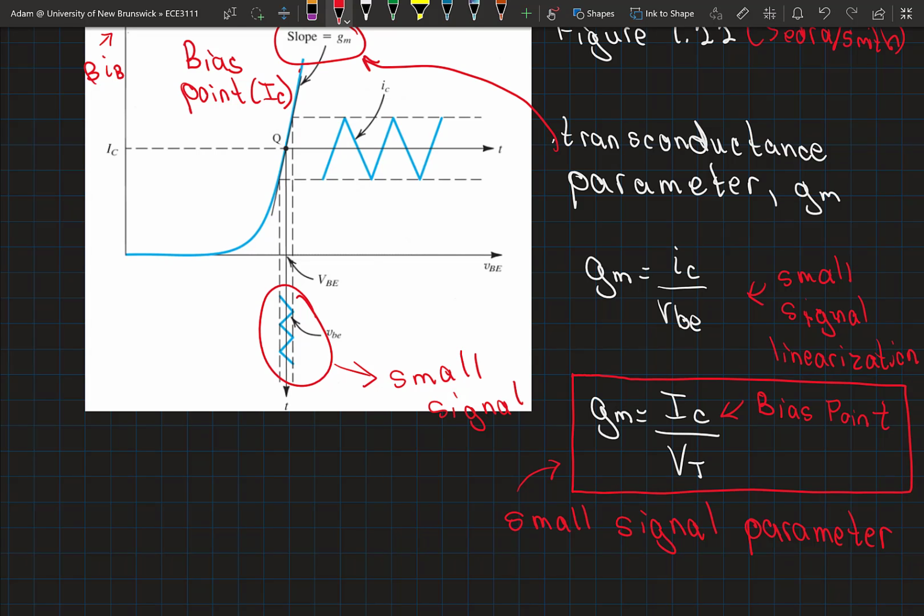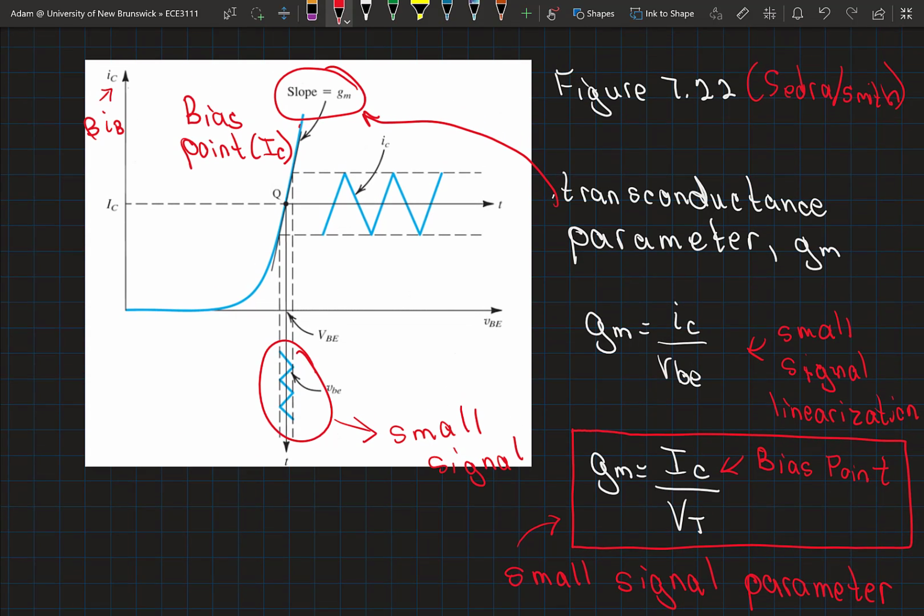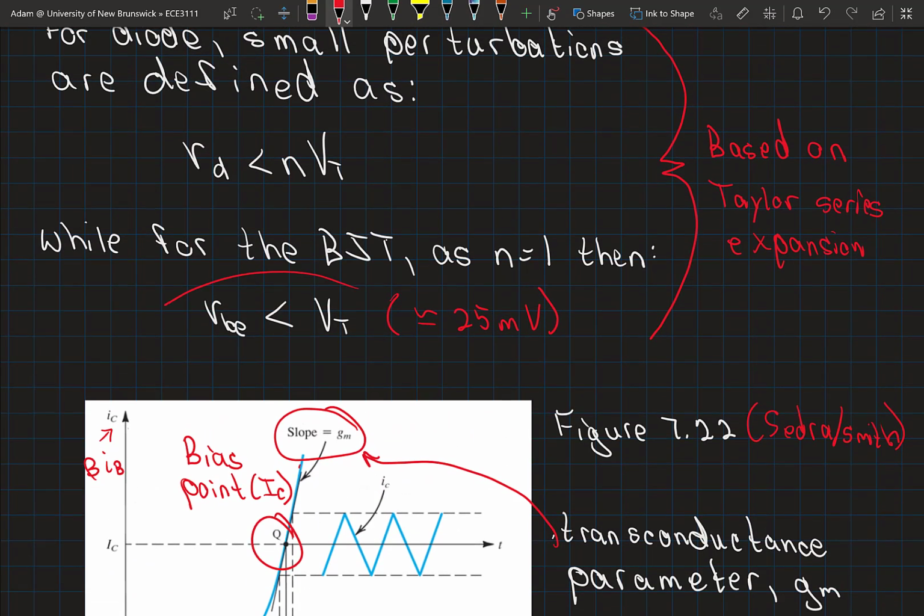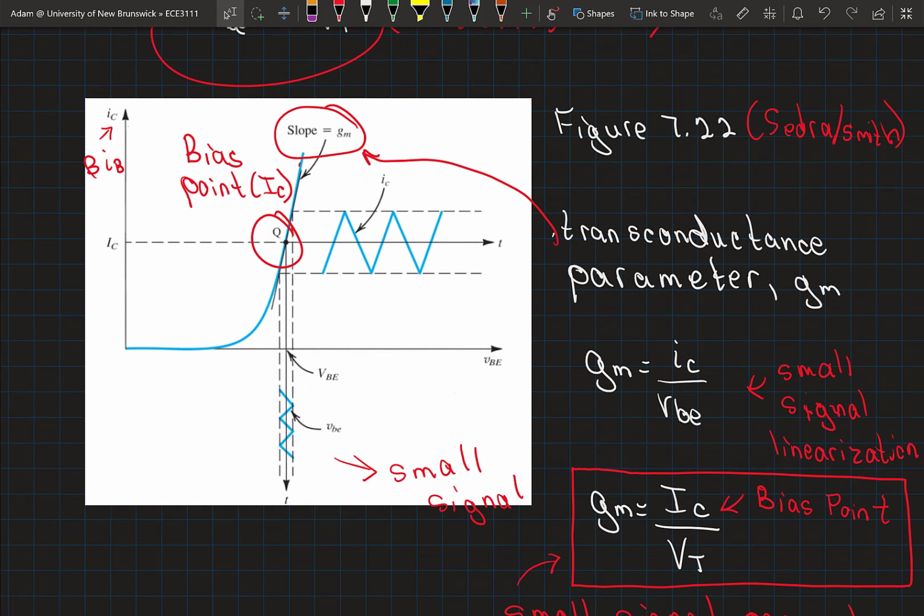The beauty of this is that at this operating point Q, at the bias point, we can treat our operation as linear. Just like we did with the diode, we don't have to consider the exponential nature anymore, because for small perturbations, as we defined above, the operation around that range of perturbations we can assume to be linear.